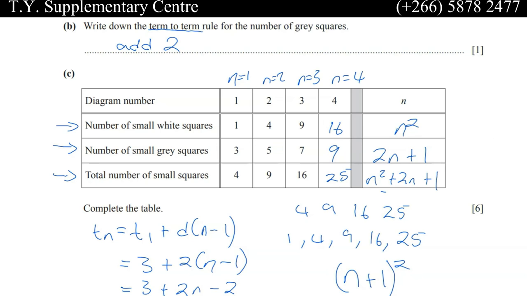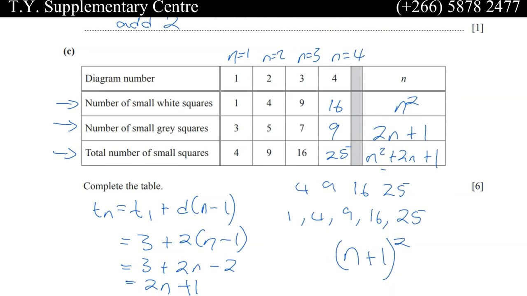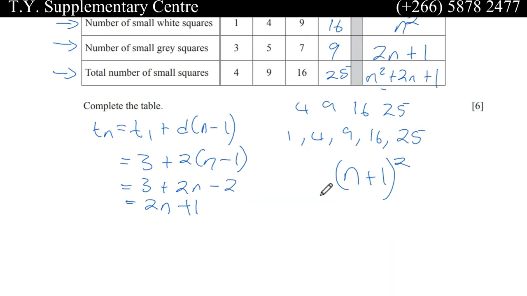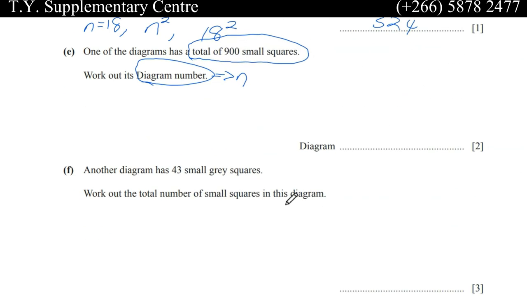It's this one. So what we can do is use this factorized form, n plus 1 squared. It will be much quicker to use. So remember, for the total number of small squares, the formula is n plus 1 squared.